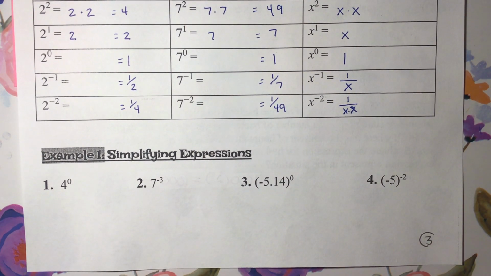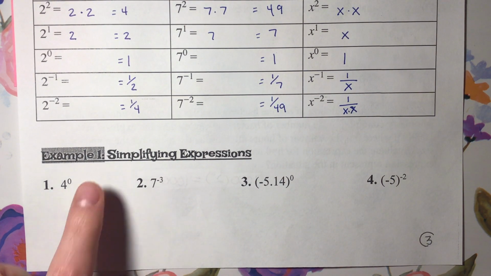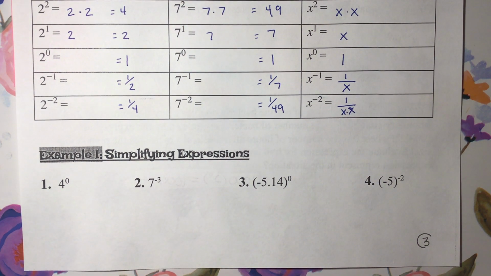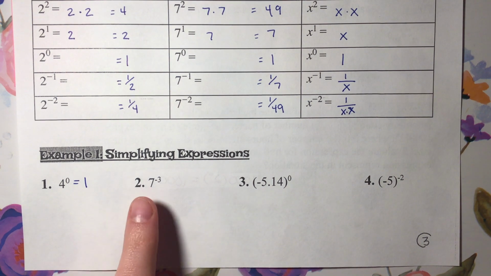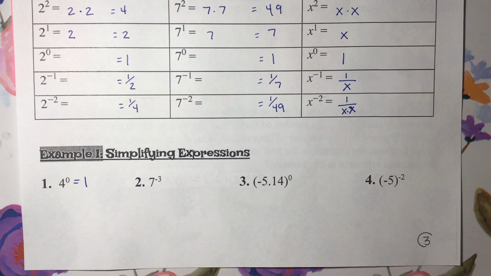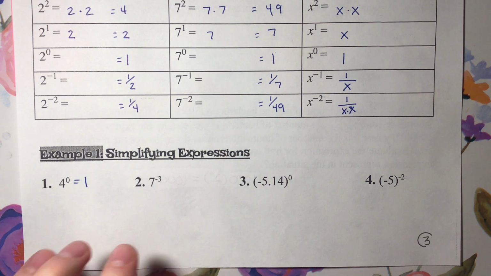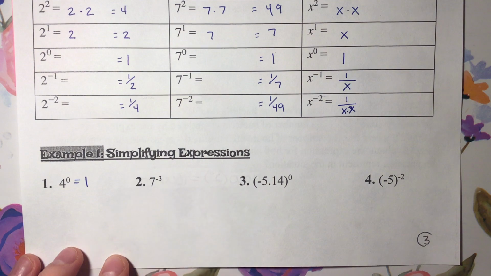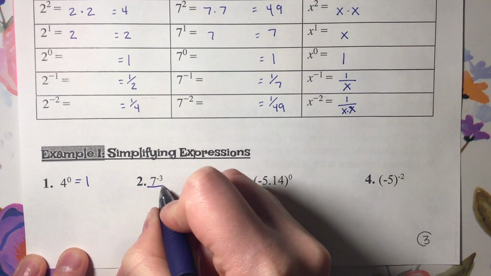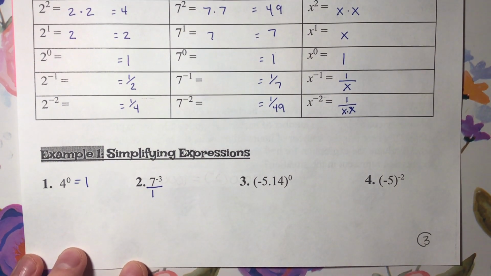So let's begin. I have 4 to the 0. Well, any number raised to the 0 power is going to be 1. So this is just 1. 7 to the negative 3. To make that have a positive exponent, I want to make this exponent be on the opposite side of the fraction. So if I put this over 1, there's my fraction.